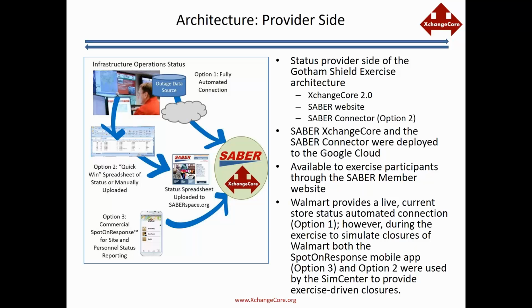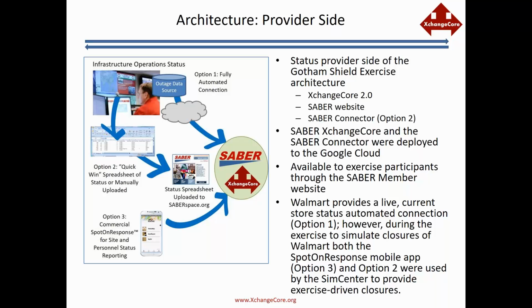How's it all work? Well, we've got an architecture here. And the provider side of the architecture, and you've probably seen this before, has 3 different ways to get information into SABER and XchangeCore: the automated format, the quick win spreadsheet, and then the SpotOnResponse Mobile App.